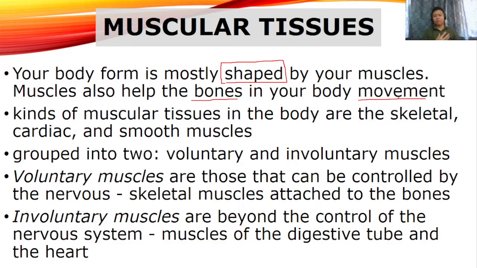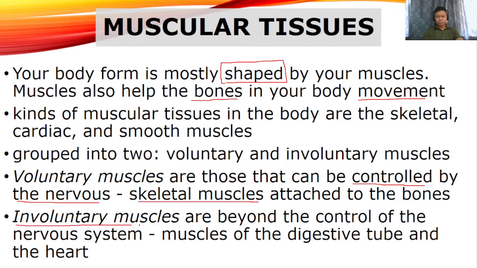Just like the beating of our heart, the digesting of our food, the contracting and relaxing, the expanding and relaxing of our diaphragm as we inhale and exhale gaseous air. Voluntary muscles are those that can be controlled by the nervous system, just like skeletal muscles attached to bones.